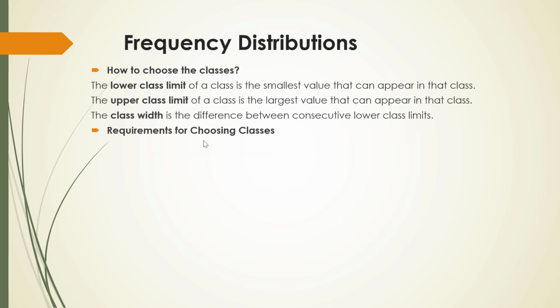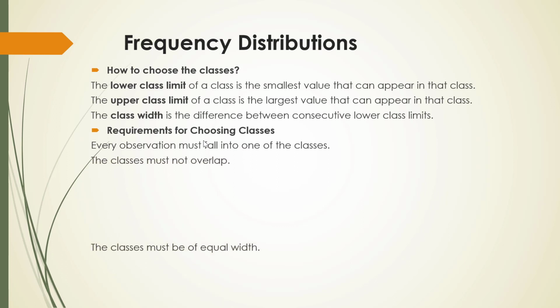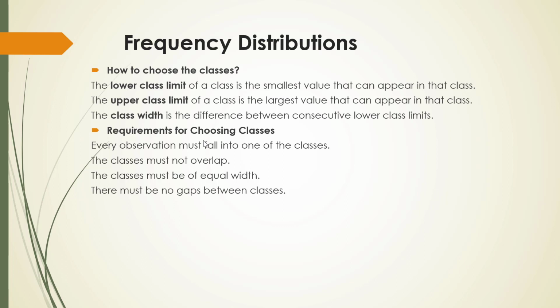And the requirements for choosing classes: every observation must fall into one of the classes, the classes must not overlap, the classes must be of equal width, and there must be no gaps between classes.